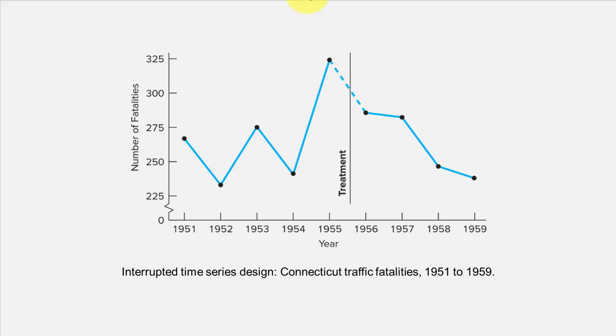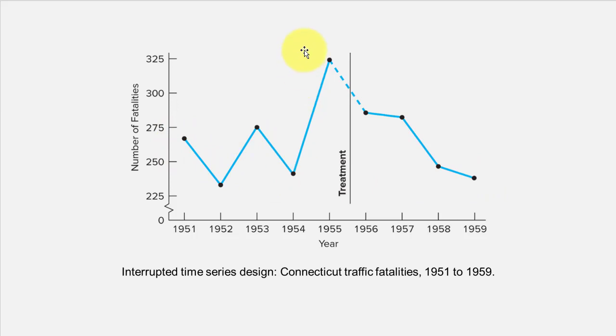Let's say that the treatment effect was because seatbelt laws were introduced and seatbelts were required in vehicles. If that's the case, then we could probably confidently say that when seatbelts were made mandatory, traffic fatalities began to go down. Now, they still hadn't gone down to the point that they were back in 1952, but they were on a downward trend, whereas before they were on an upward trend.